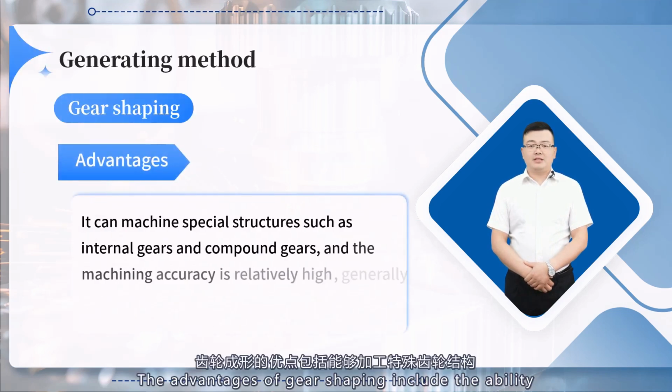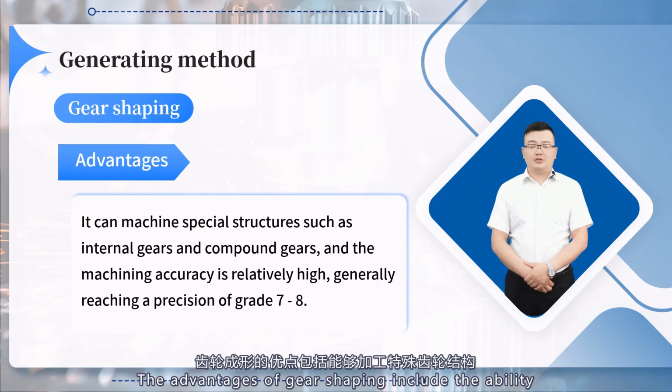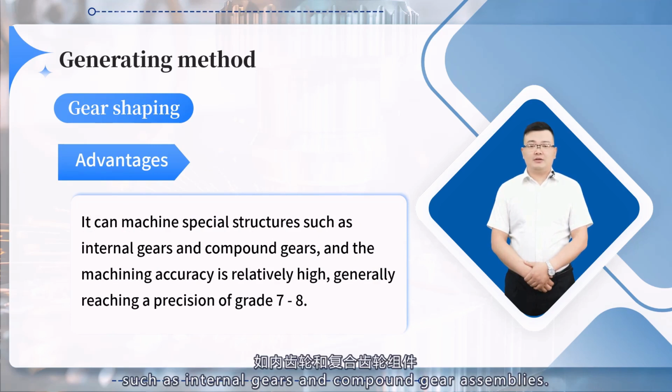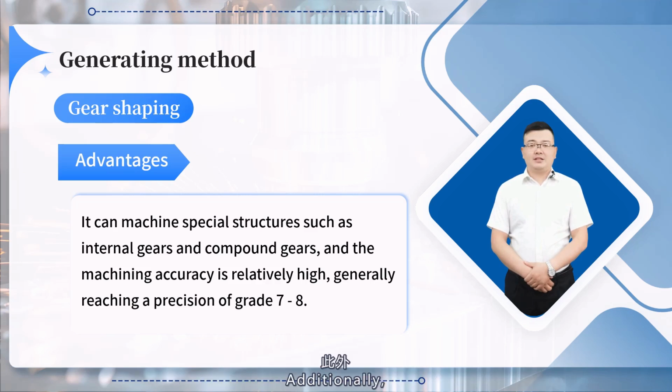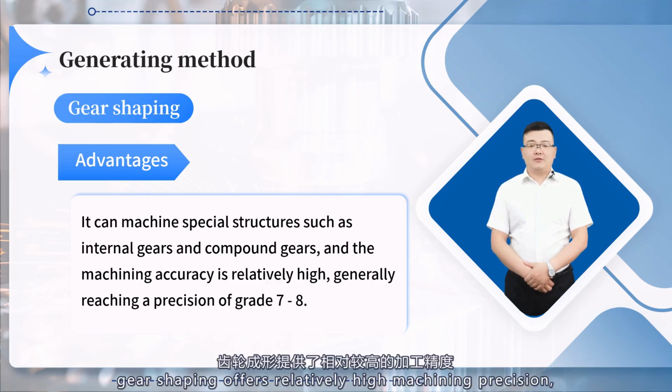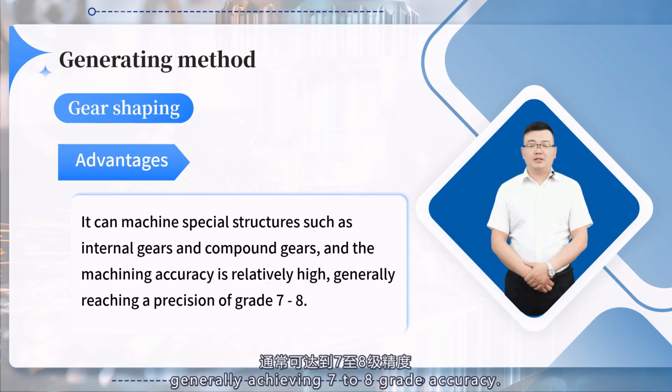The advantages of gear shaping include the ability to machine special gear structures such as internal gears and compound gear assemblies. Additionally, gear shaping offers relatively high machining precision, generally achieving 7 to 8 grade accuracy.